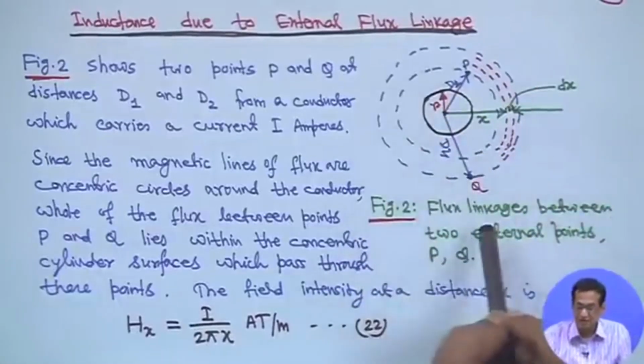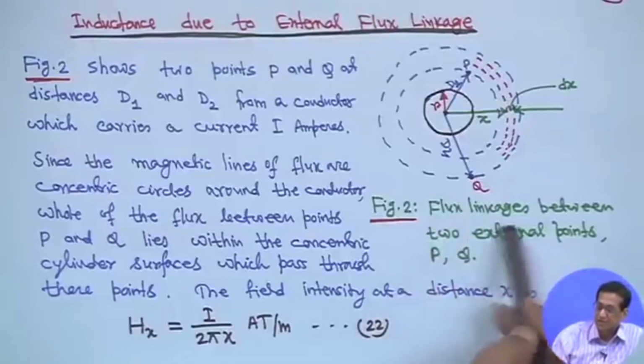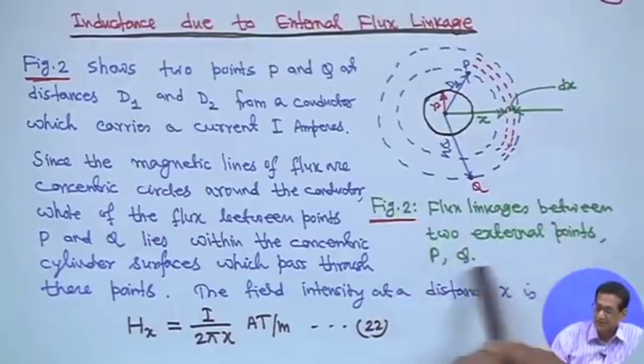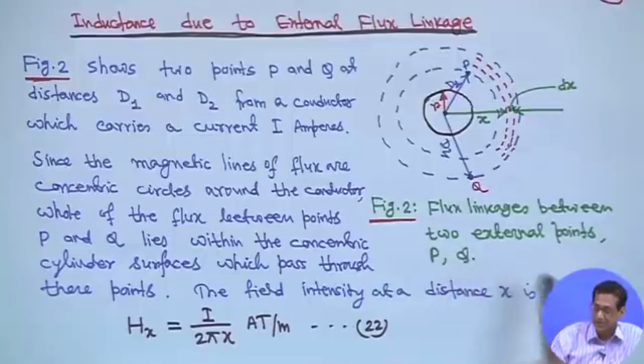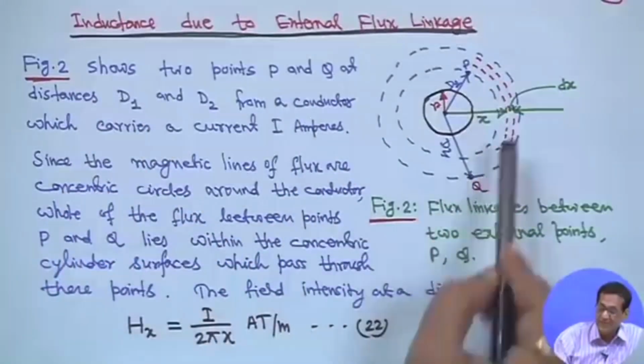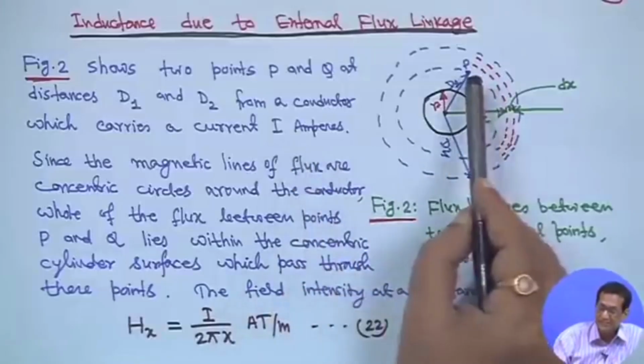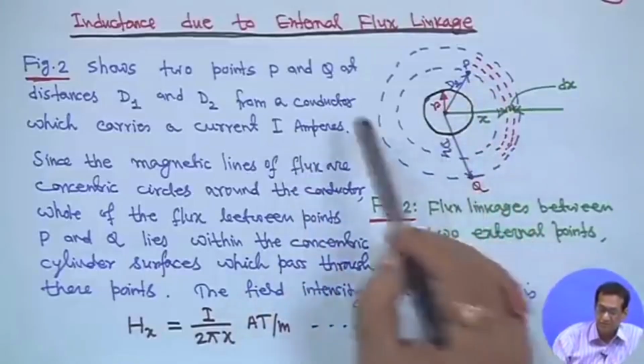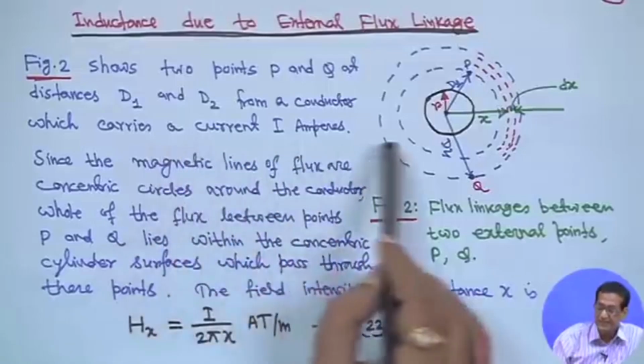So, this is figure 2, flux linkages between two external points P and Q. Figure 2 shows two points P and Q at distances d1 and d2 from a conductor which carries a current I ampere.